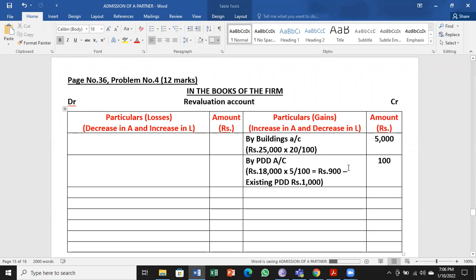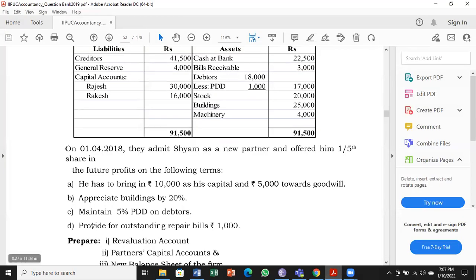Please understand, 900 should be there in the new balance sheet, but already 1,000 is there. So there is excess PDD, so that provision has to be reduced. That is what I have taken here. That is connected to the decrease in liability, 100 rupees.